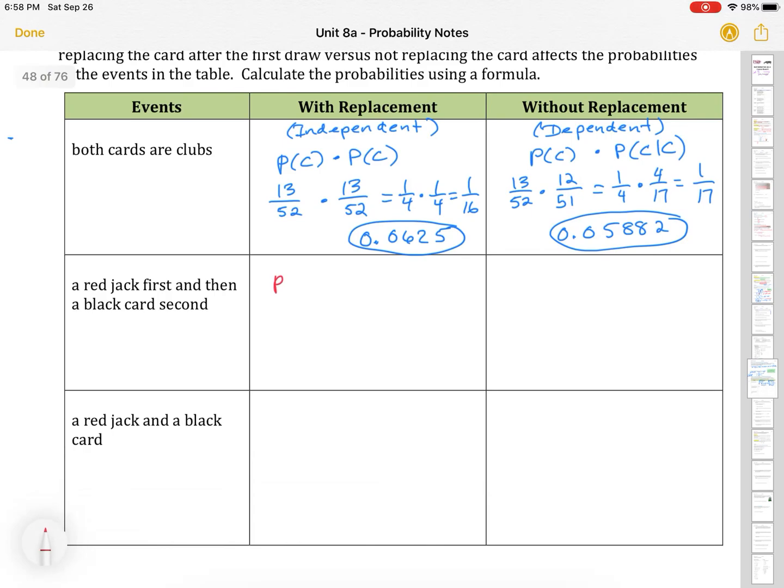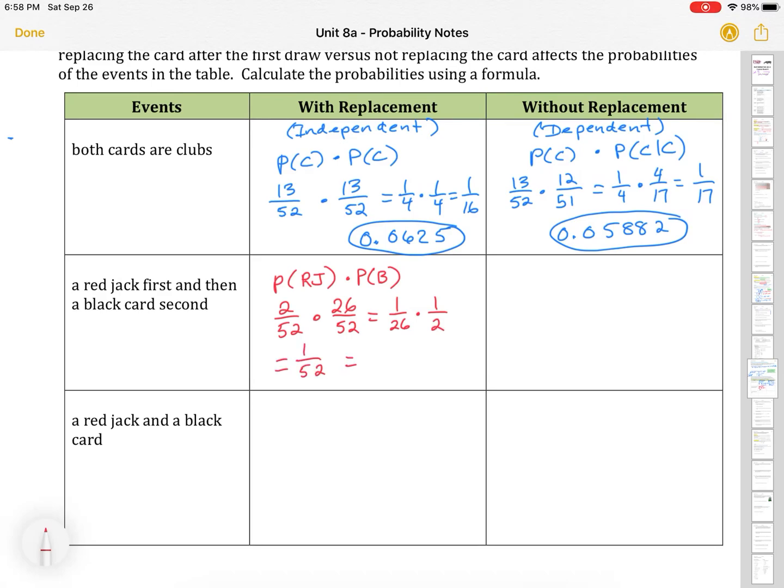So let's see what happens with the rest of the examples. A red jack first, and then a black card second. For this one, we're going to have probability of a red jack, and then probability of a black card. Now we're putting them back in each time. So there are 2 red jacks, 2 out of 52, and there are 26 out of 52 black cards.